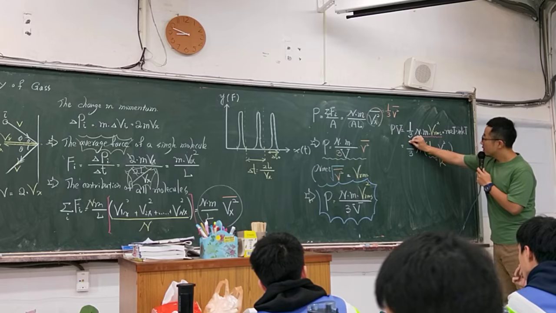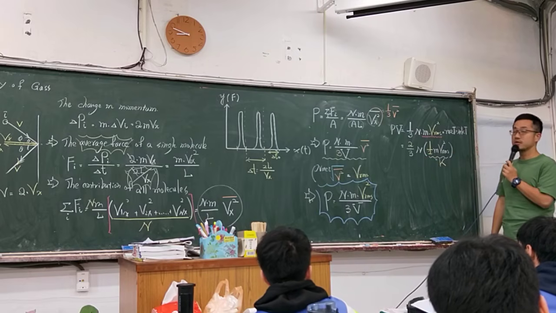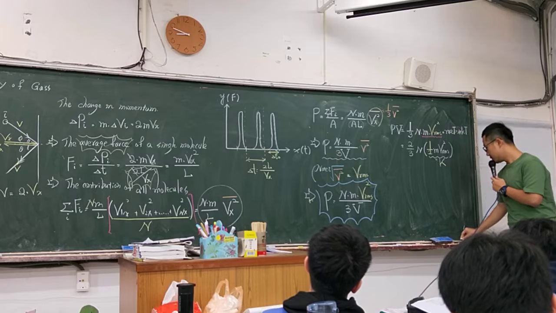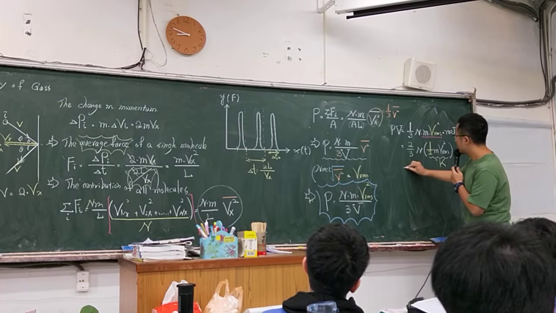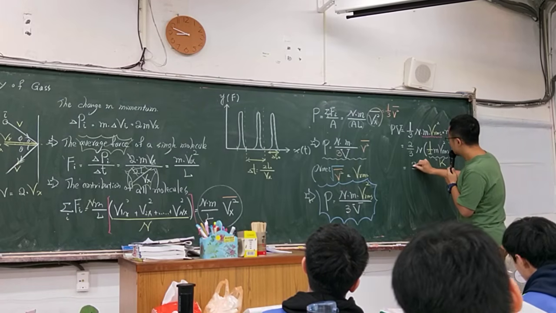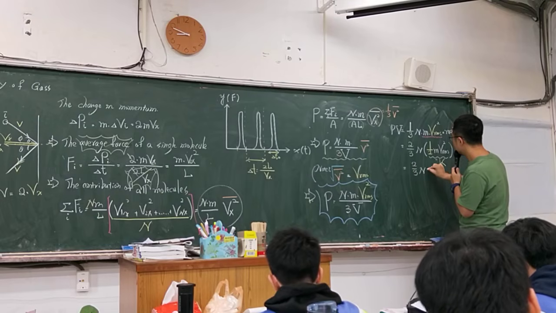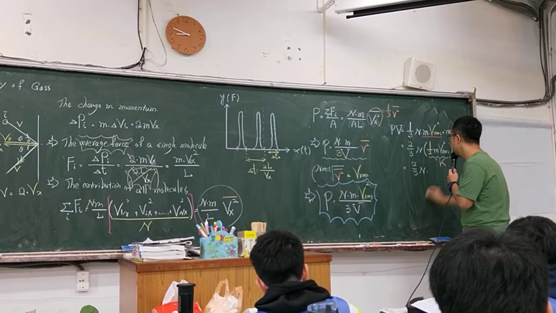And you put a 2 right here on the top, so that won't make any change. So I can rewrite this as 2/3 N times K.